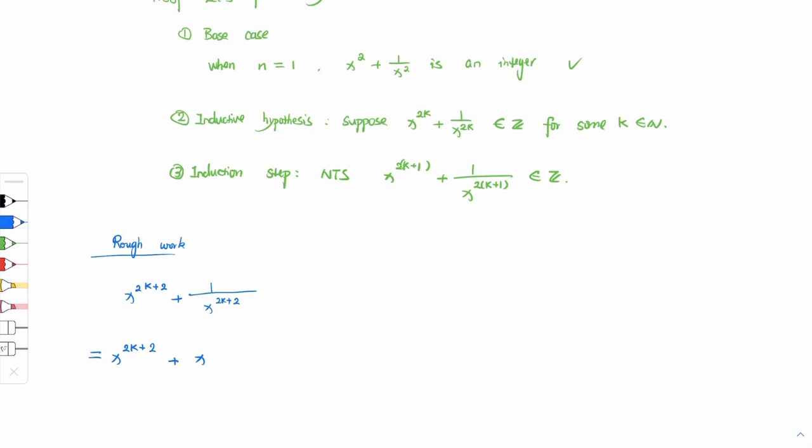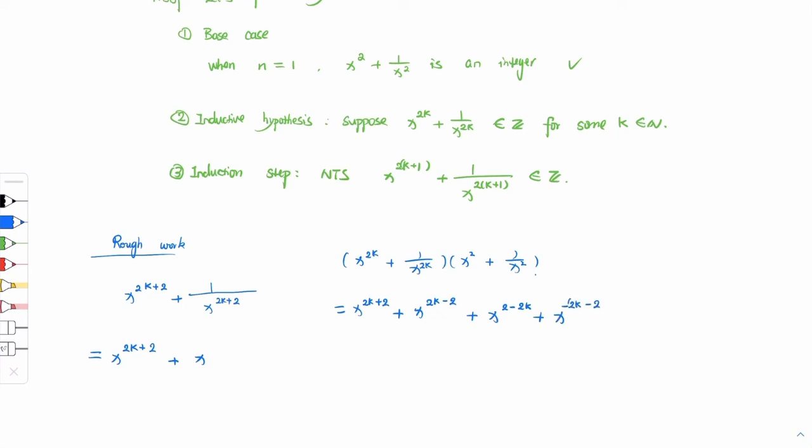Actually, let me multiply them together and see what we get. x to the 2k plus 1 over x to the 2k, times x to the 2 plus 1 over x to the 2. That's going to be x to the 2k plus 2, plus x to the 2k times 1 over x squared, so x to the 2k minus 2, plus x to the 2 minus 2k, plus x to the minus 2k minus 2.